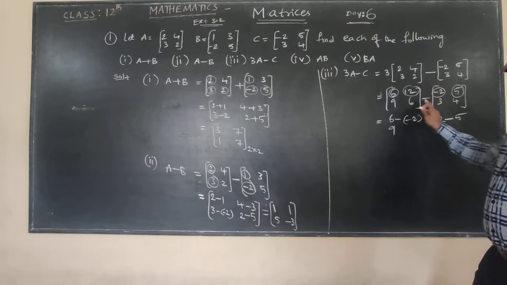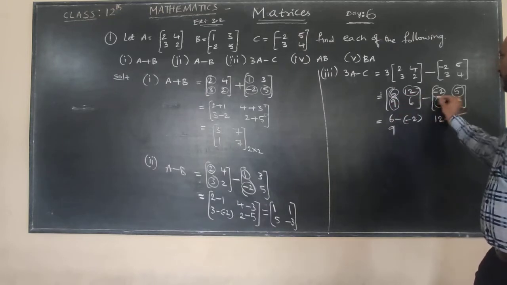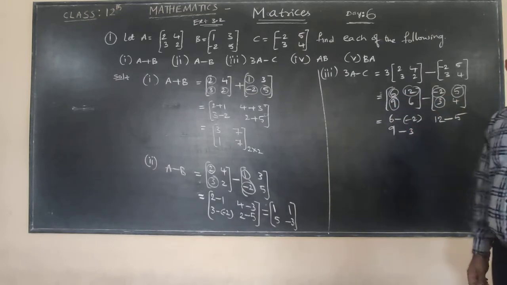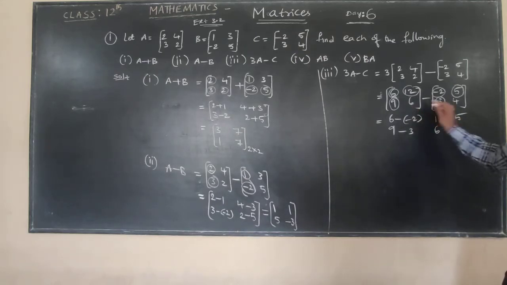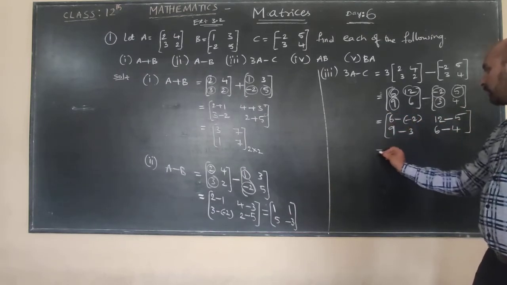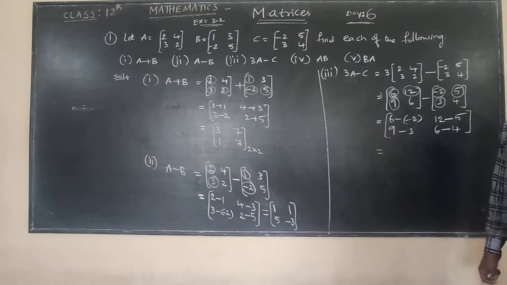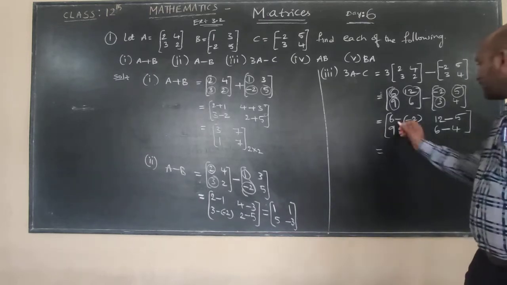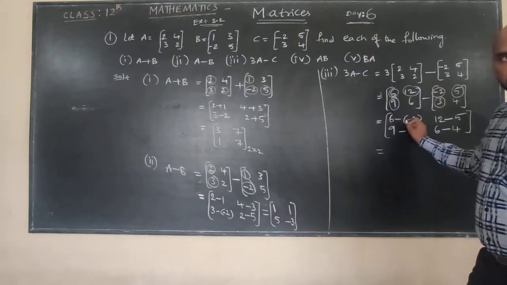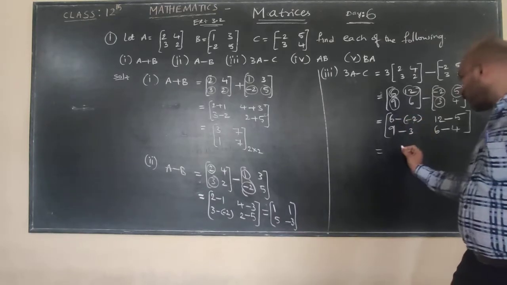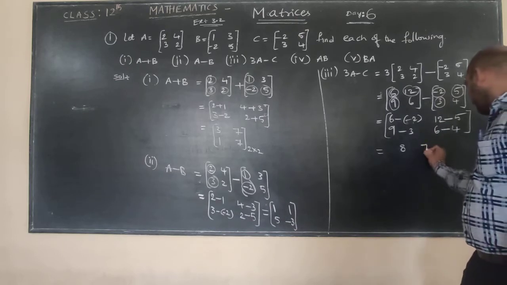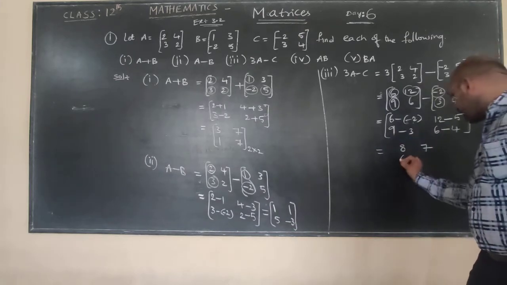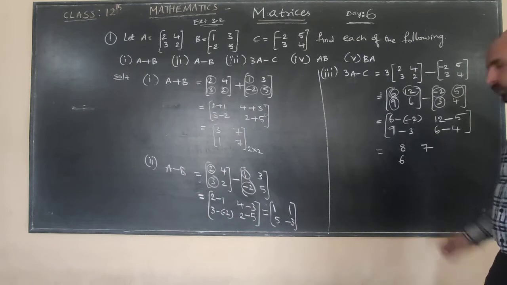Second row, first element: 9 minus 3. Last element: 6 minus 4. Just corresponding elements must be subtracted. 6 minus of minus, minus into minus plus, 6 plus 2, 8; 12 minus 5, 7; 9 minus 3, 6; 6 minus 4, 2.